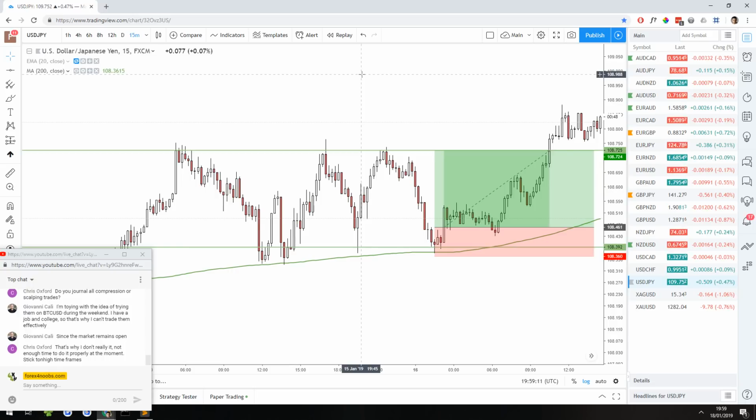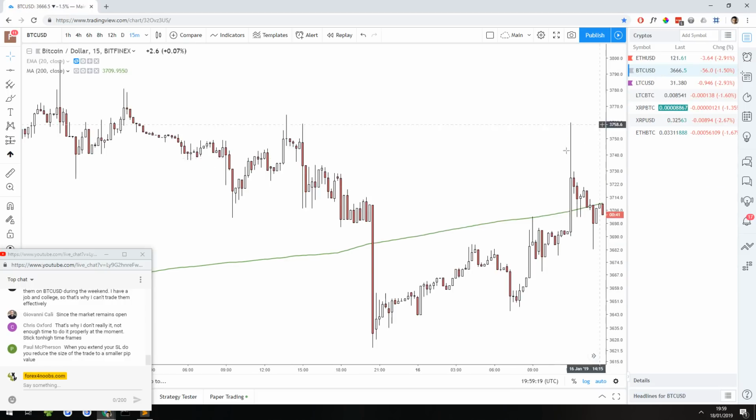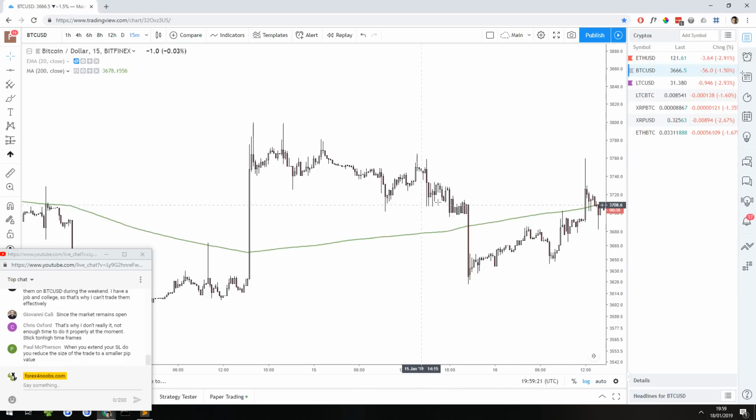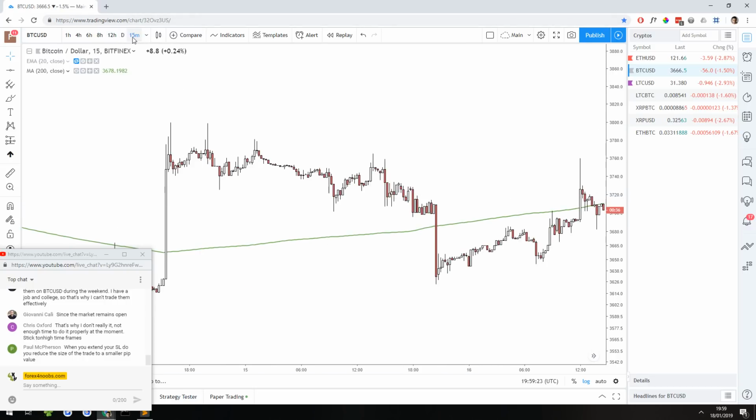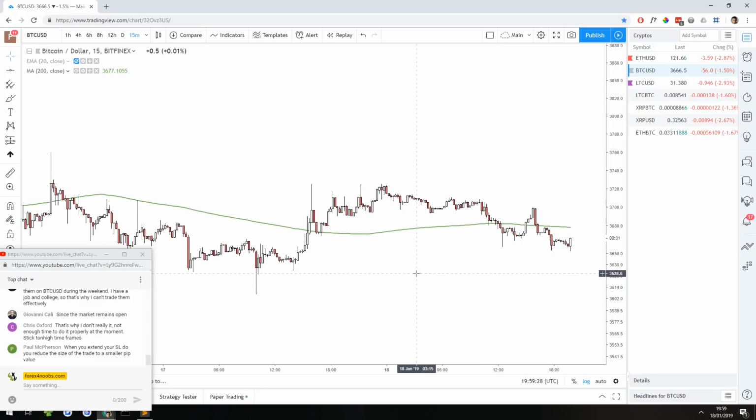BTC USD, it might work. Let's take a quick look at it. But I'm not 100% sure on the profitability due to spreads. And for the ones that you're holding for a little while, overnight fees. I don't know what spreads are on most brokers.